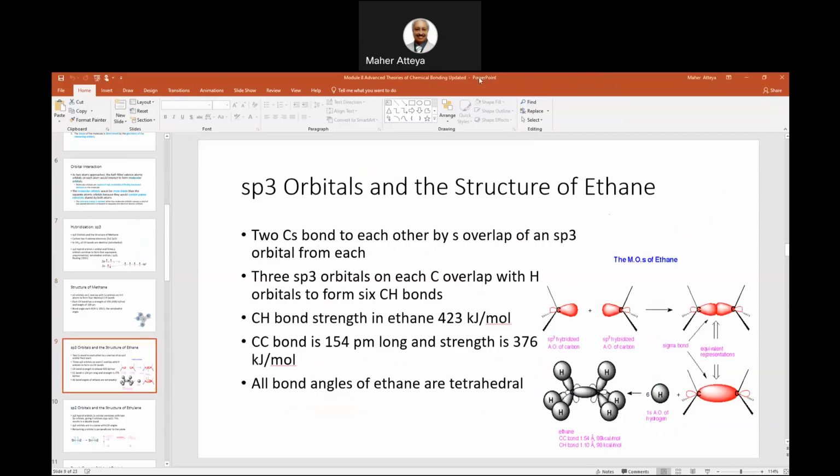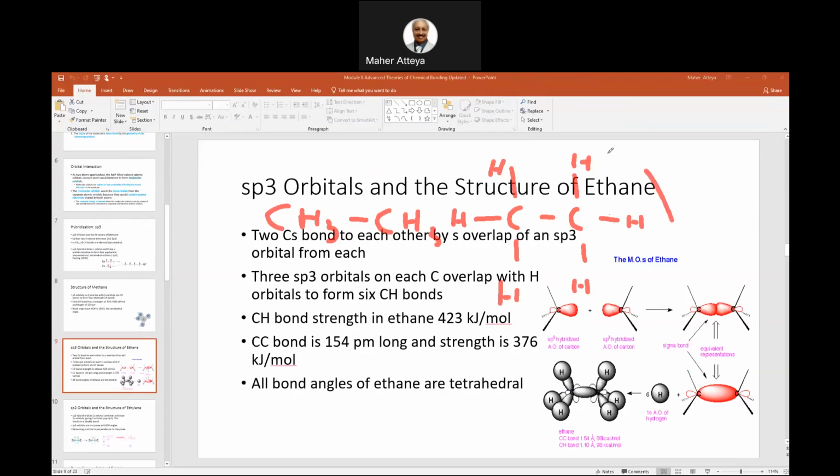Ethane is two carbons together. You have CH3, CH3. But it's not really like this. It has to be carbon, carbon, and then you have three hydrogens on each carbon atom. So hydrogens here, here, here, here, and here.